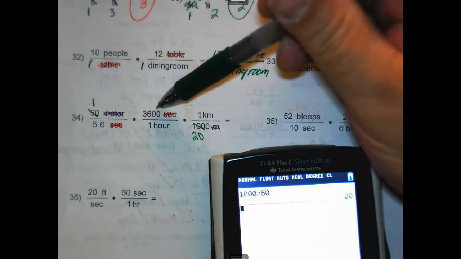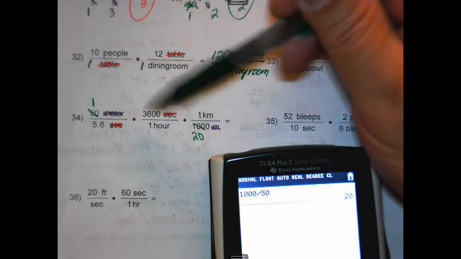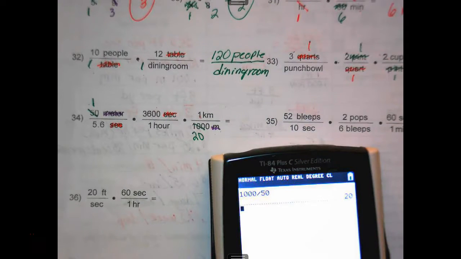Now, these are both even numbers, and again, they're both multiples of 10, so they're going to be dividing into each other. Let's try 3,600 divided by 20, and we get 180. Good.